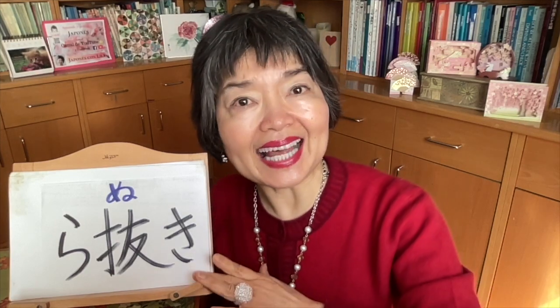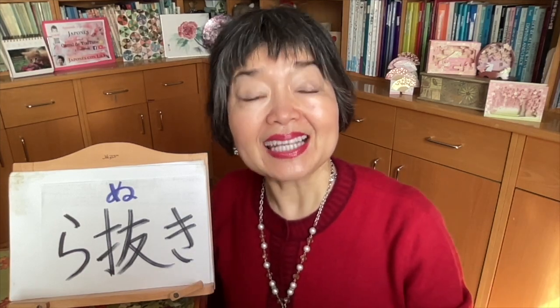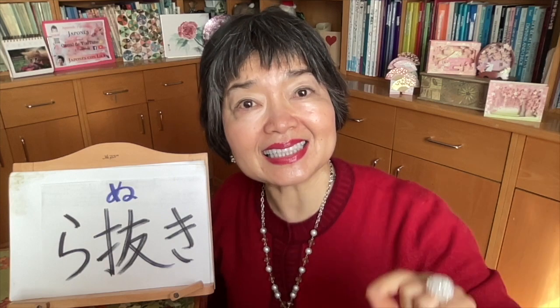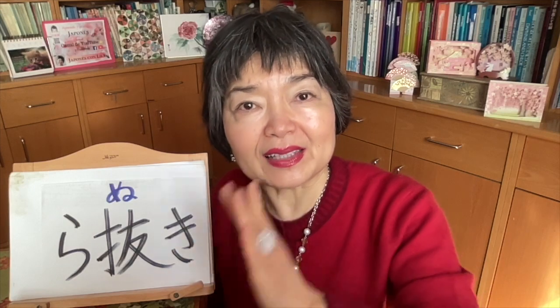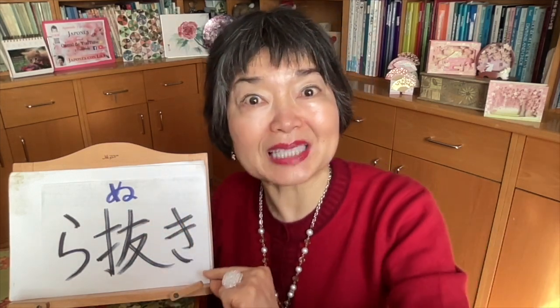So when you hear Japanese people speaking without ら or in anime, I want you to recognize that this is still the same potential verbs, but omitting ら. So maybe you think they're speaking much faster because of missing some words.